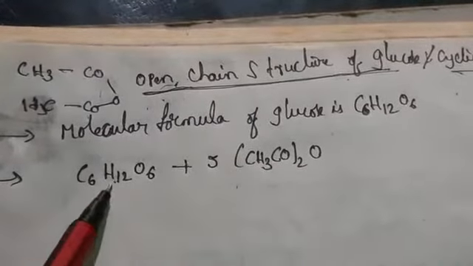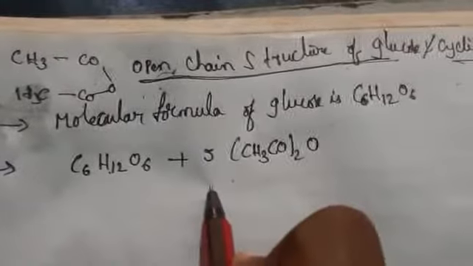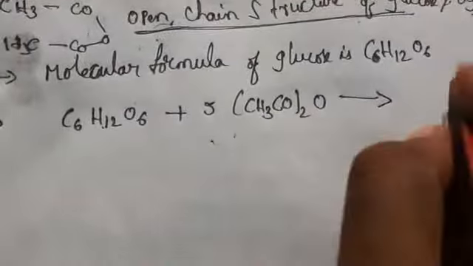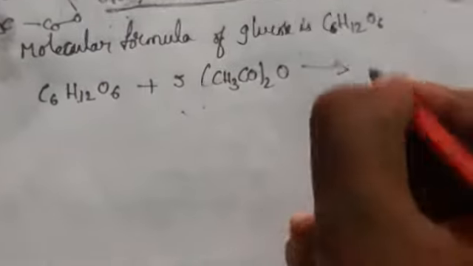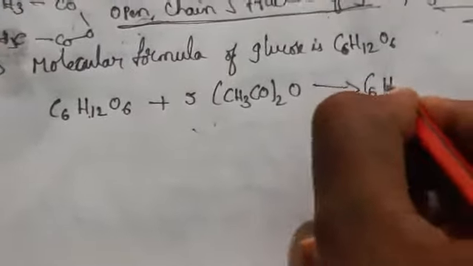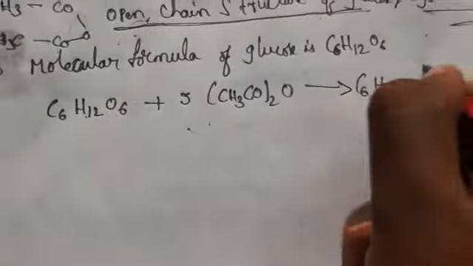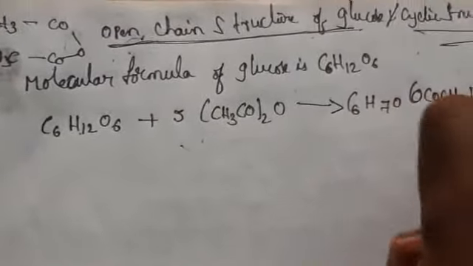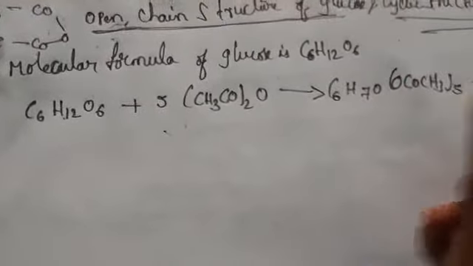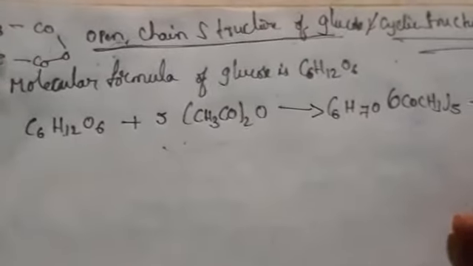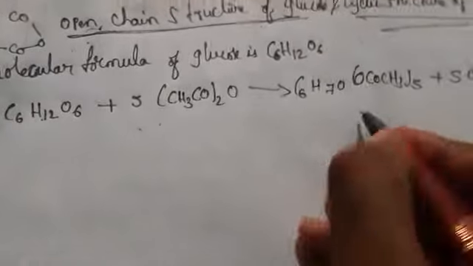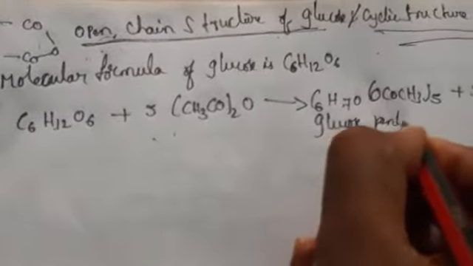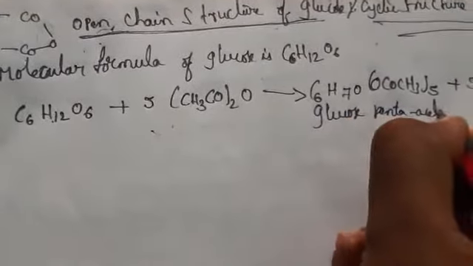So when glucose is treated with 5 moles of acetic anhydride, it gives C6H7O(OCOCH3)5 plus 5 moles of acetic acid, that means glucose pentacetate.